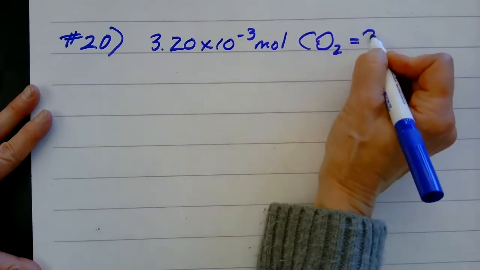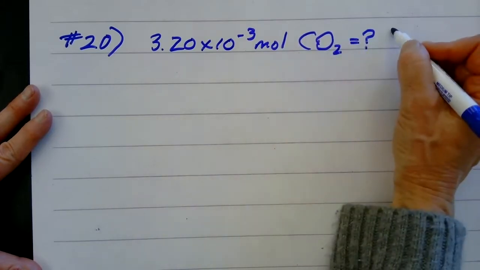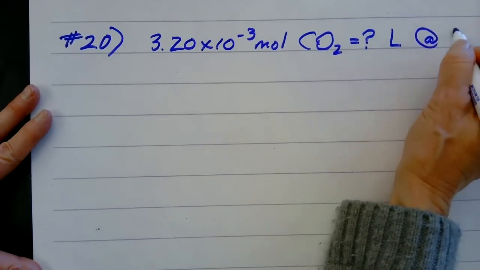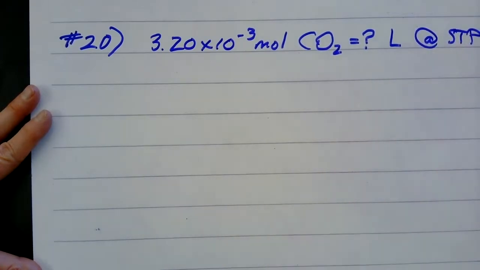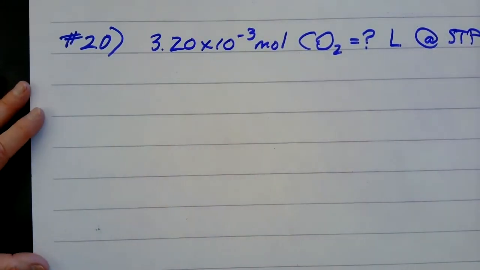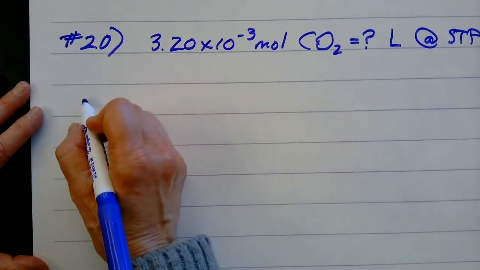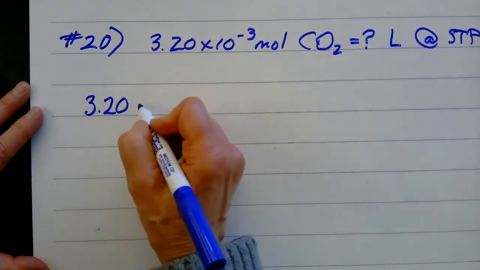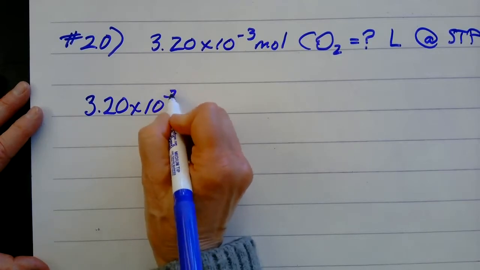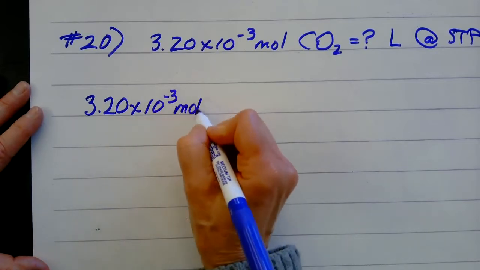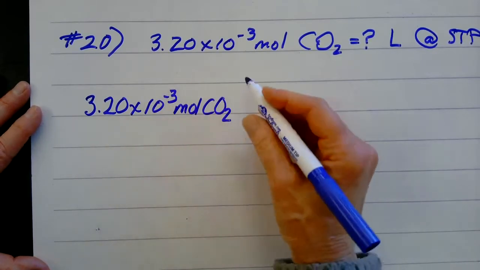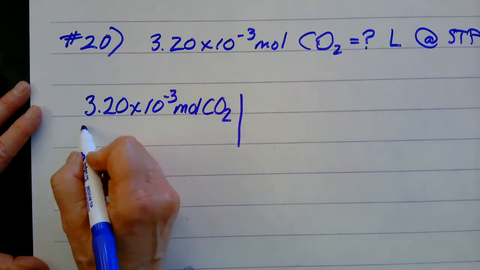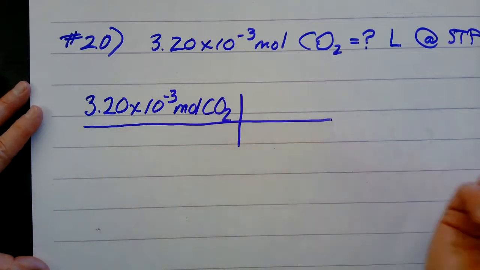And we want to know how many liters that is at STP. So the first thing that we want to do is write our given value with units, and set up our factor label grid.